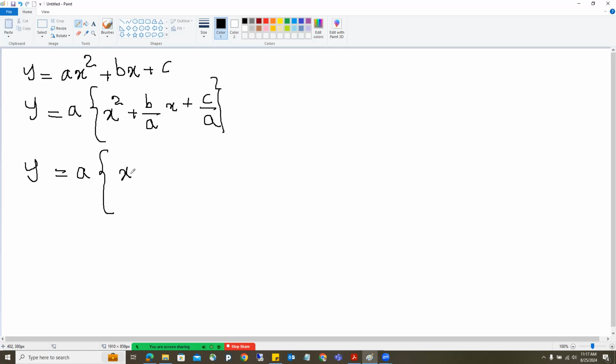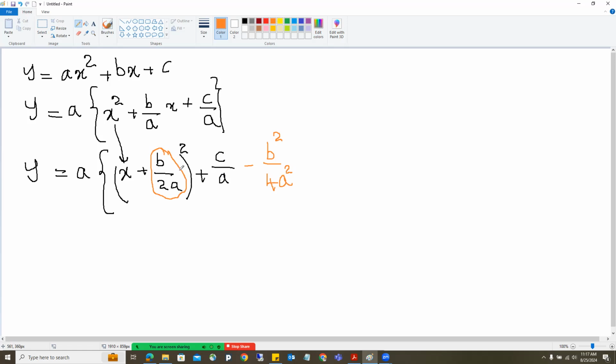So we use 1x from here and half of the middle term, that is b over 2a, completing the square. Here the remaining part is plus c over a, but there's an additional term coming from this squared, that is b squared over 4a squared.